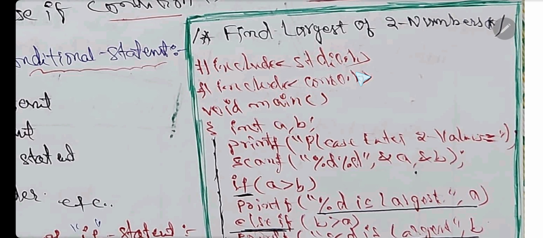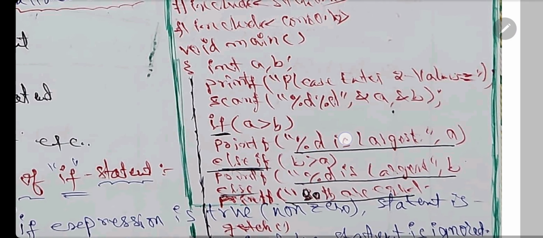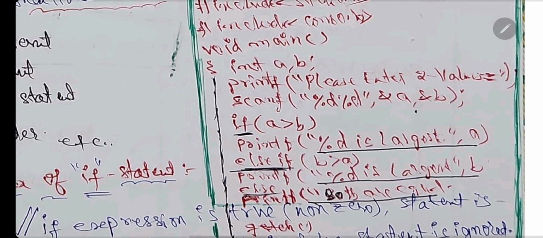It's used for printf and scanf. It is also called a prototype, a linker library and header files. Hash include conio.h is used for clear screen and getch. Void means returns nothing; it's a keyword. Main is the main function, a system defined function. Curly braces start from here.